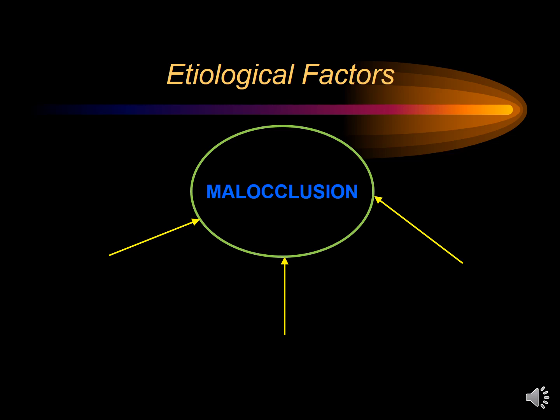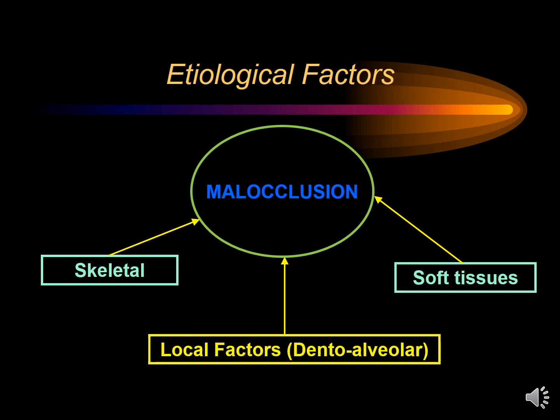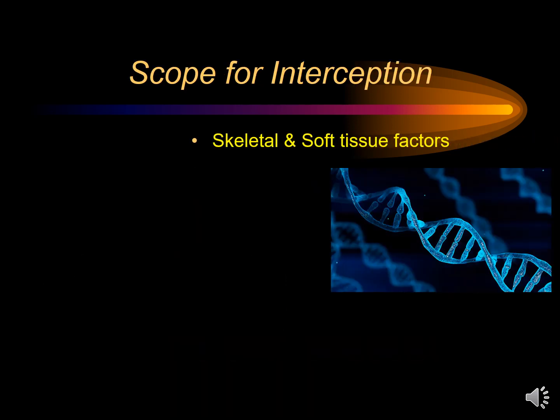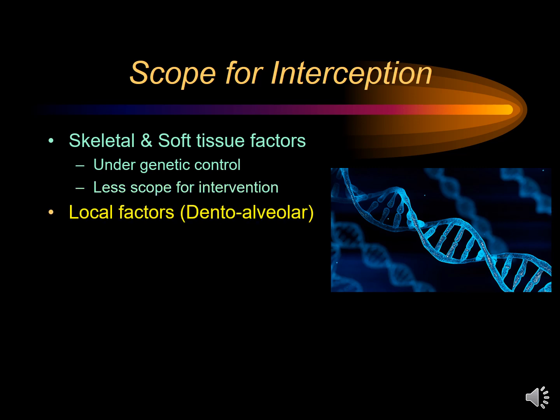Now, the etiological factors involved in a malocclusion are skeletal factors, soft tissue factors, and local factors or dentoalveolar factors. Skeletal and soft tissue factors are under genetic control, and therefore there's less scope for intervention when the etiology is skeletal or soft tissue.